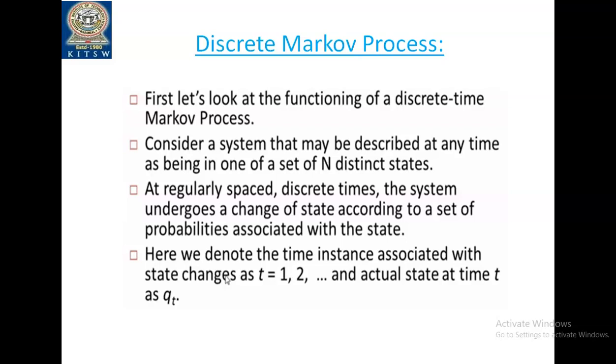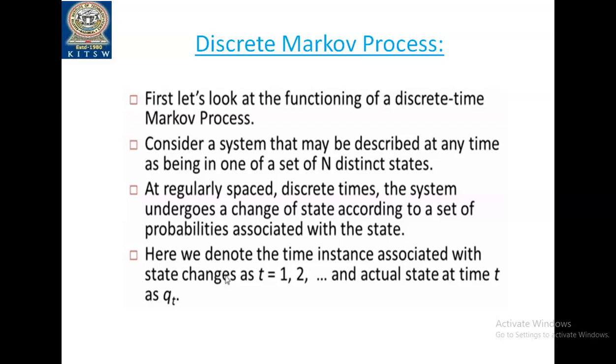The main important consideration for a discrete Markov process is that, in order to design any kind of system, we represent it in terms of states, and we can assign state transition probabilities. For example, if you look at 3 states, state 1, state 2, state 3, the transition probability from state 1 to state 2 is something like A12, and from state 2 to state 3 something like A23, and similarly vice versa.